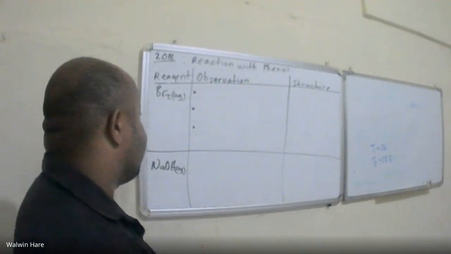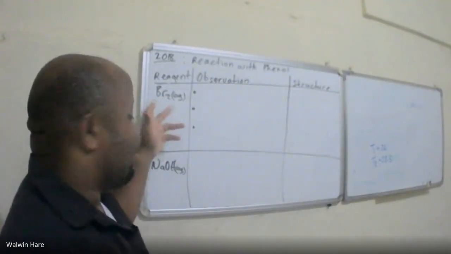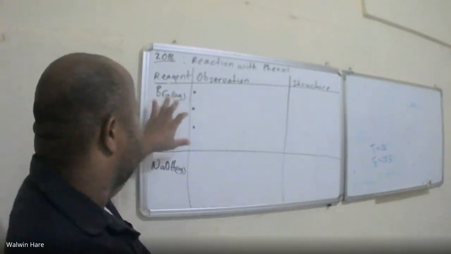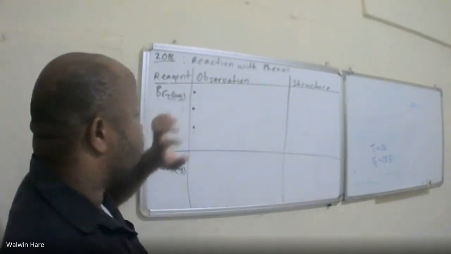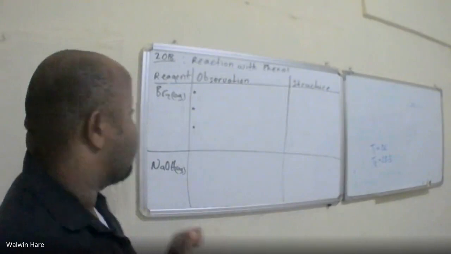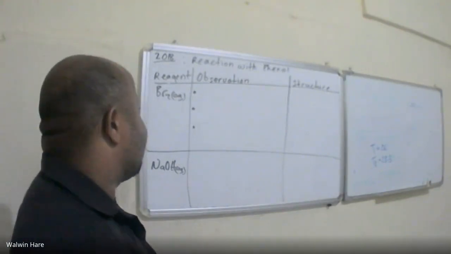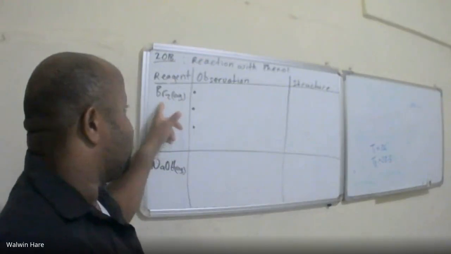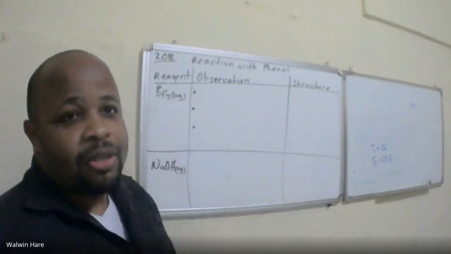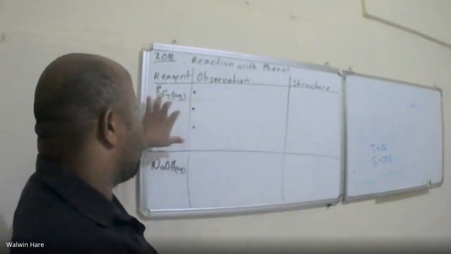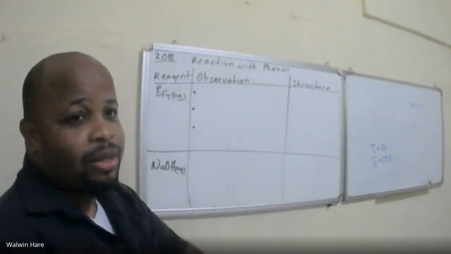Right, so remember what happened when bromine reacts with phenol. With bromine, do you know the product? Even if you don't remember the observation, remember bromine with phenol?